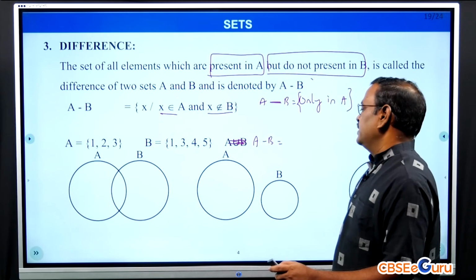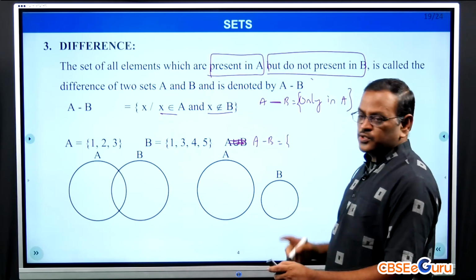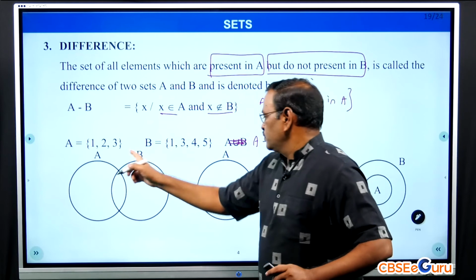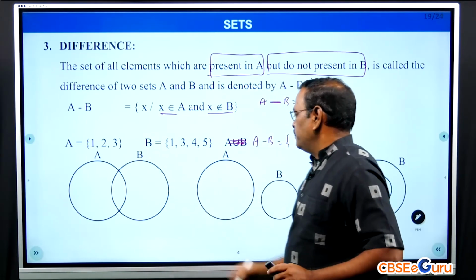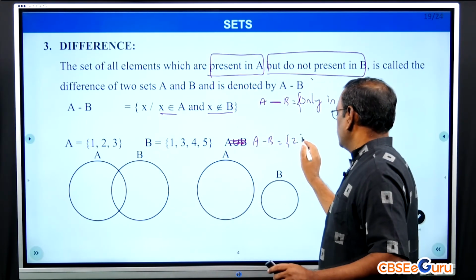A minus B is nothing but elements belongs to A but not in B. A is 1, 2, 3, here 1 and 3 is there, so only 2. That's all.